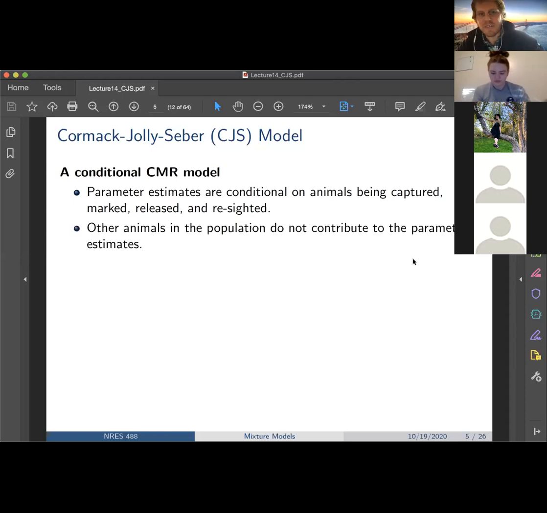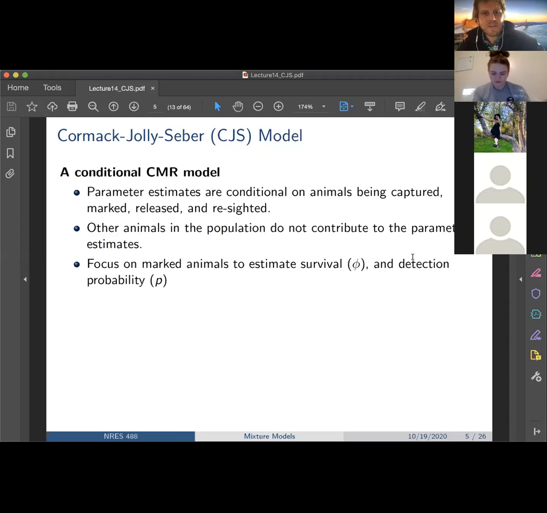So other animals in the population that are not marked do not contribute to the parameter estimates. We're only basing our parameter estimates on marked individuals. And whether or not we can make the assumption that our marked individuals represent the entire population depends on a couple things. One, that the marks don't affect the animal survival rates. And two, that the animals were selected relatively randomly from the population.